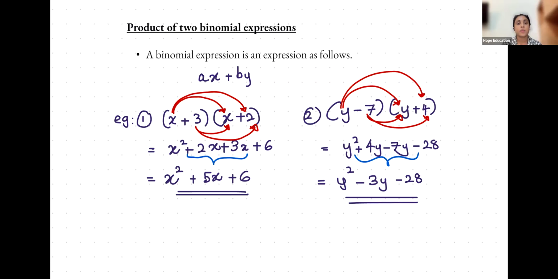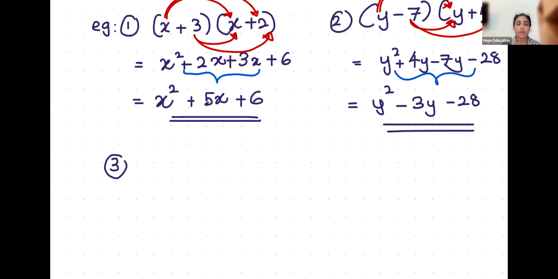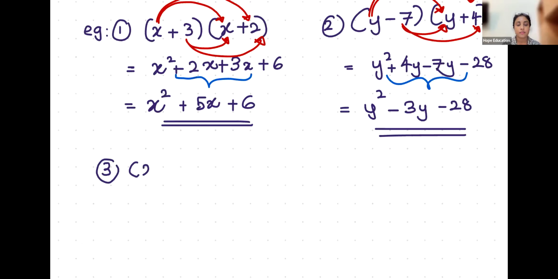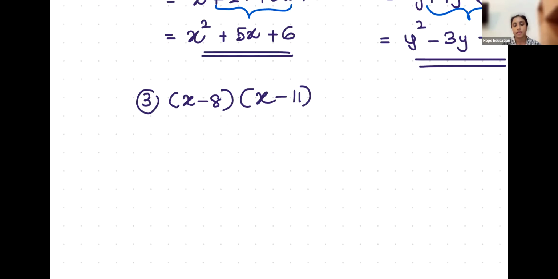Okay. We'll discuss. Can you all try one alone? Now, since you anyways know this, shall we try one alone? Do this one: x minus 10 multiplied by x minus 11. Quickly do this one.